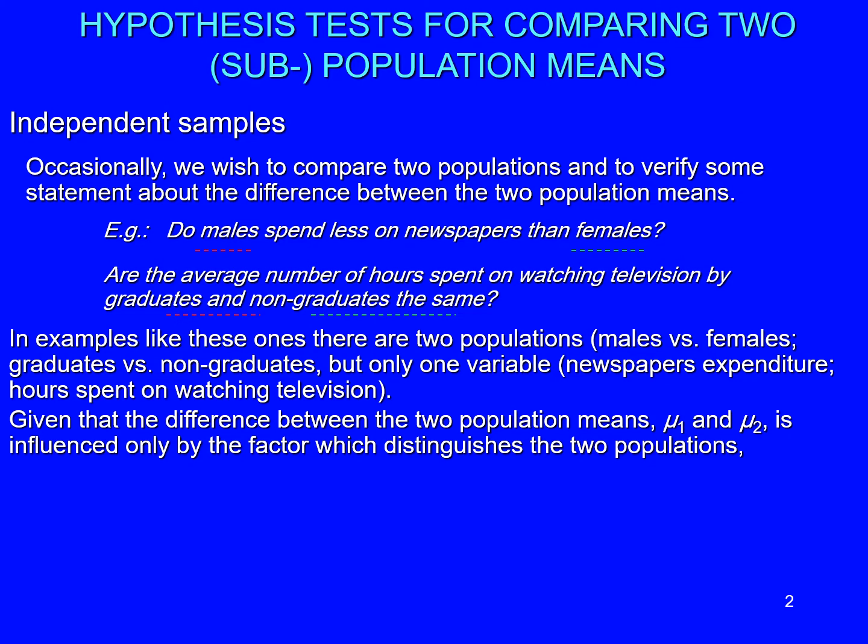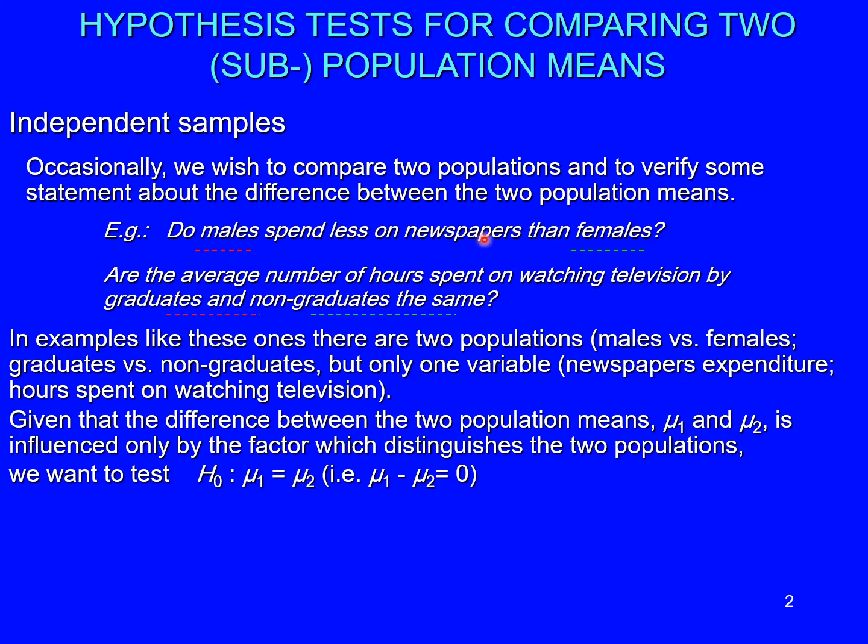Mu1 is the mean of the first population, and mu2 is the mean of the second population. If we want to test mu1 equals mu2, then mu1 minus mu2 will be equal to 0. So they are the same. We can say mu1 equals mu2 or mu1 minus mu2 equals 0.